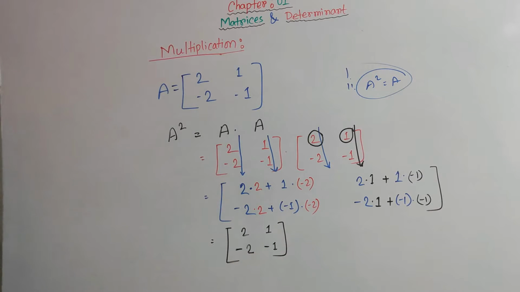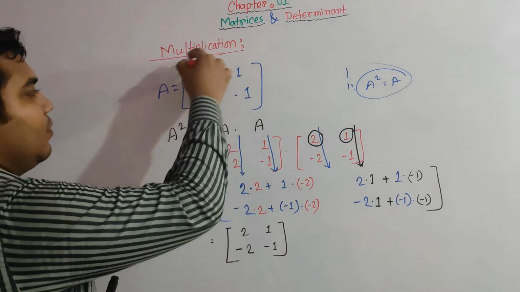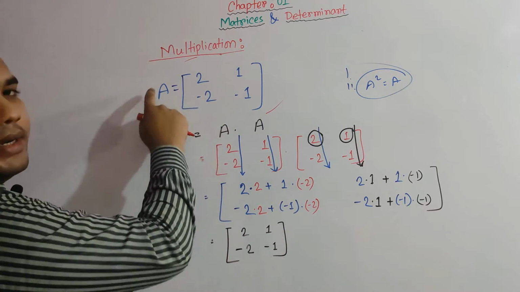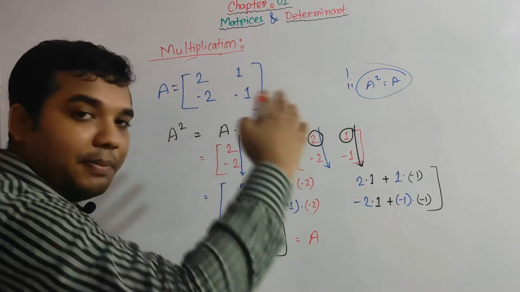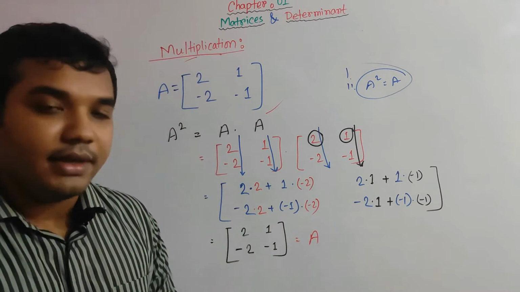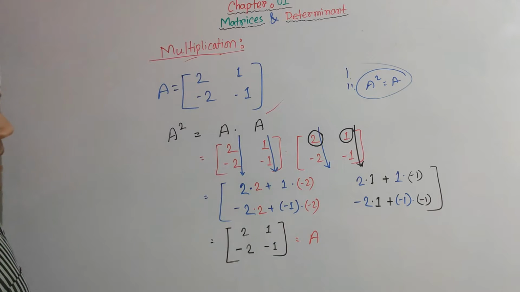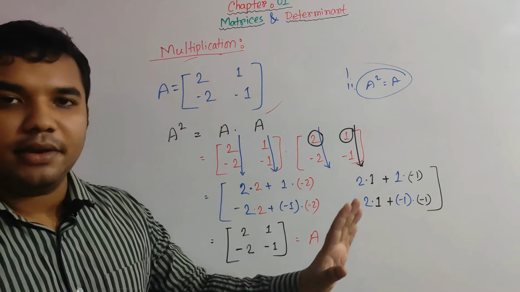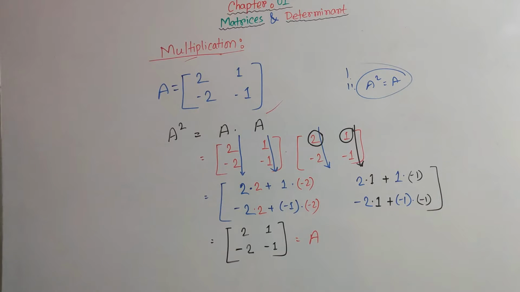Look at our first part, what it was. It was exactly A. So after squaring this matrix, if we get the same matrix back, then this matrix is nothing but an idempotent matrix, as our definition says. So we can say yes, this is the idempotent matrix. Clear? So this is the idempotent matrix part.